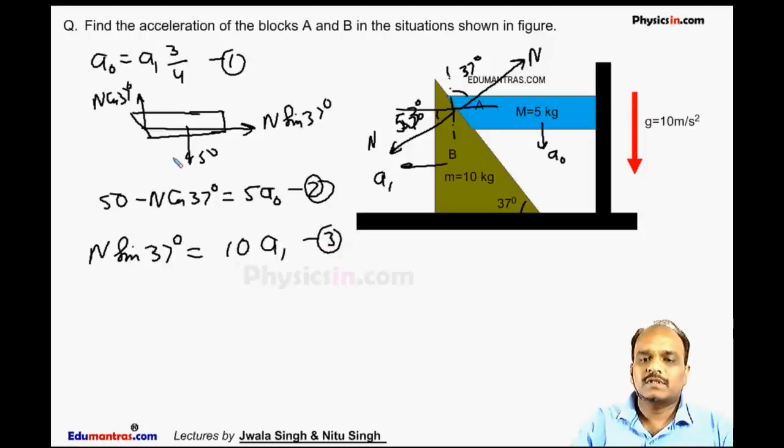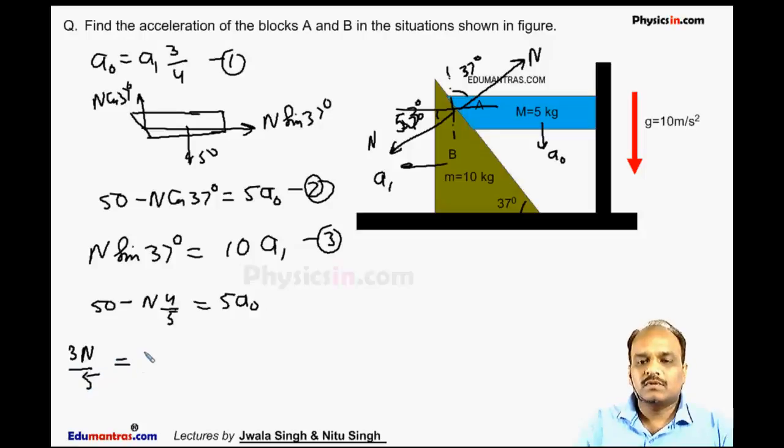From these three relations, first, second and third, from the second equation we can say 50 minus n cos 37, which is 4 by 5, is equal to 5 a naught, and from the third equation, n sin 37, which is 3 by 5, is equal to 10 into a1.